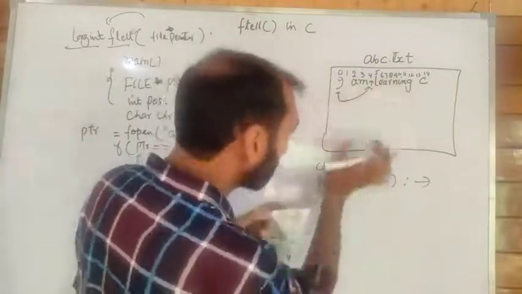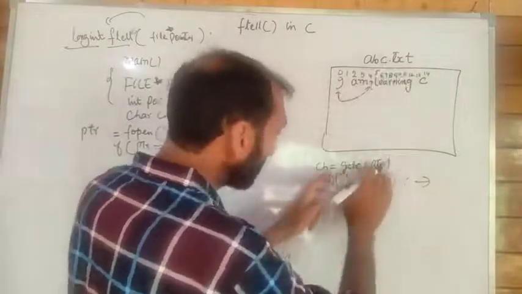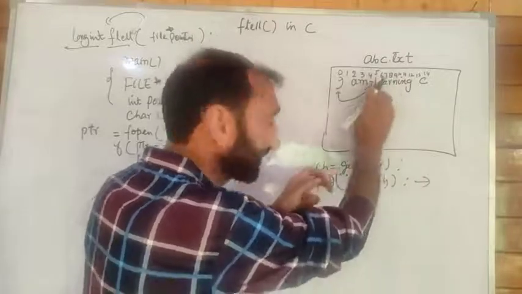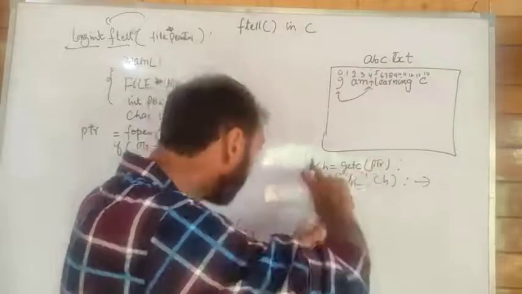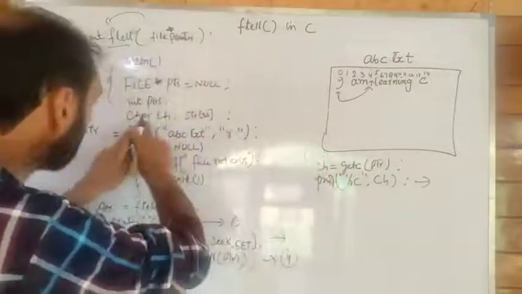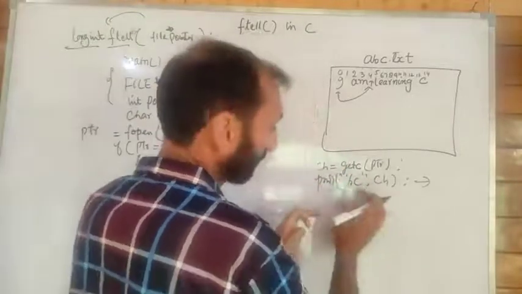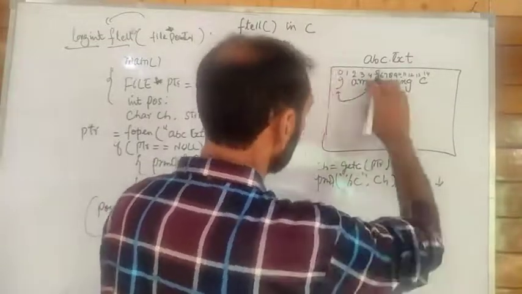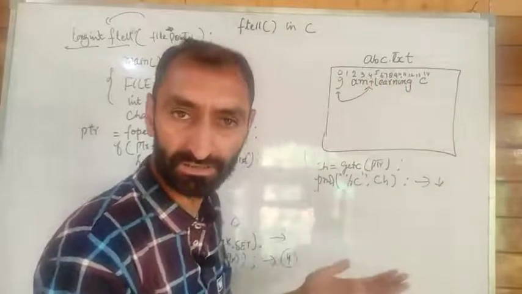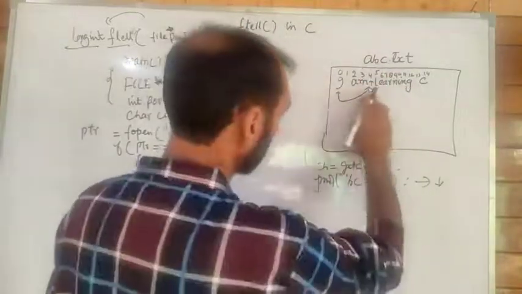At present, the file pointer is pointing to the 4th location, so it will fetch what is stored at location 4 and store it in ch, because I have already declared a variable ch to store this character. So printf %c will print a blank space, because nothing is there. Now the pointer will point to the next position, that means L.